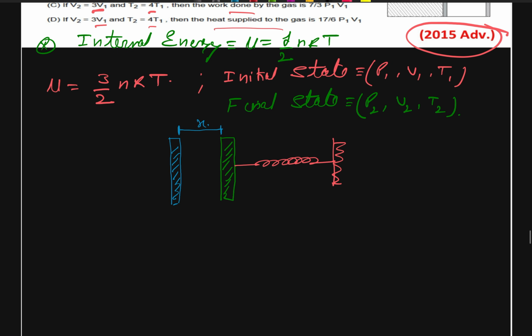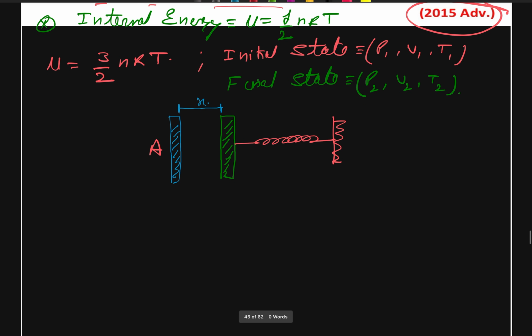And we assume that A is the area of this piston. Because everything is closed, we have the initial volume, which will be only this much, this will be V1, but the final volume, that is V2, will be this much.